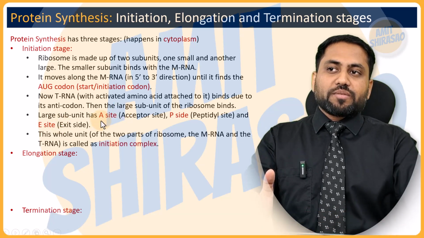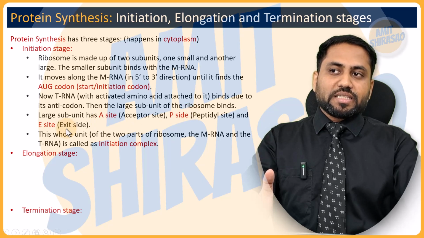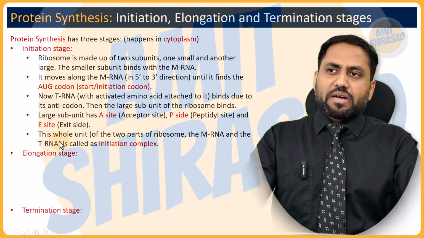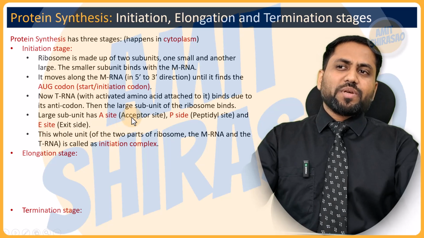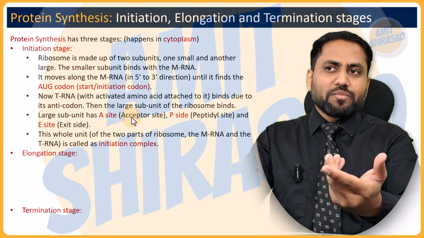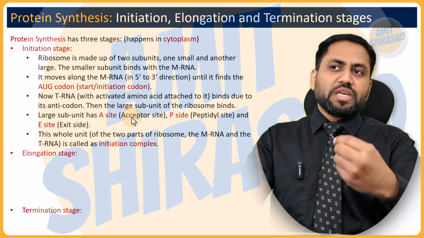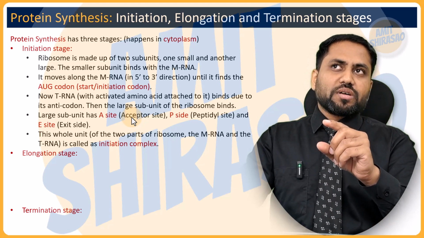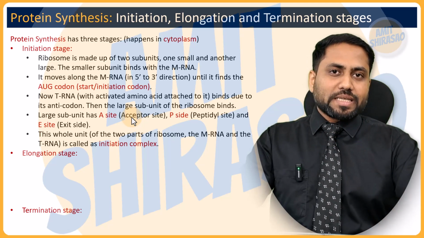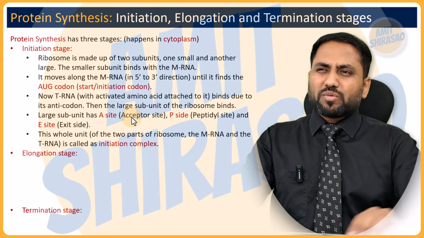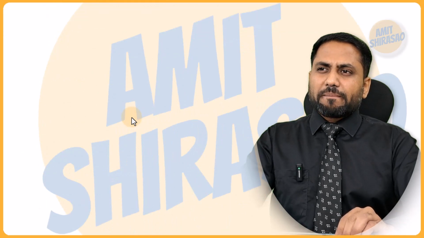The large subunit has an A site, a P site, and an exit site. I've already discussed them. Some people call the A site the acceptor site, but I feel it should be the aminoacyl site. Let me check.